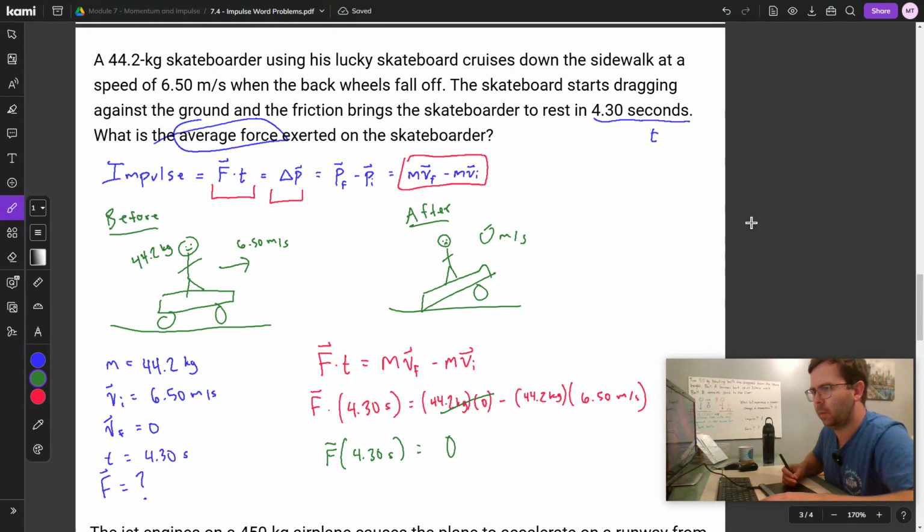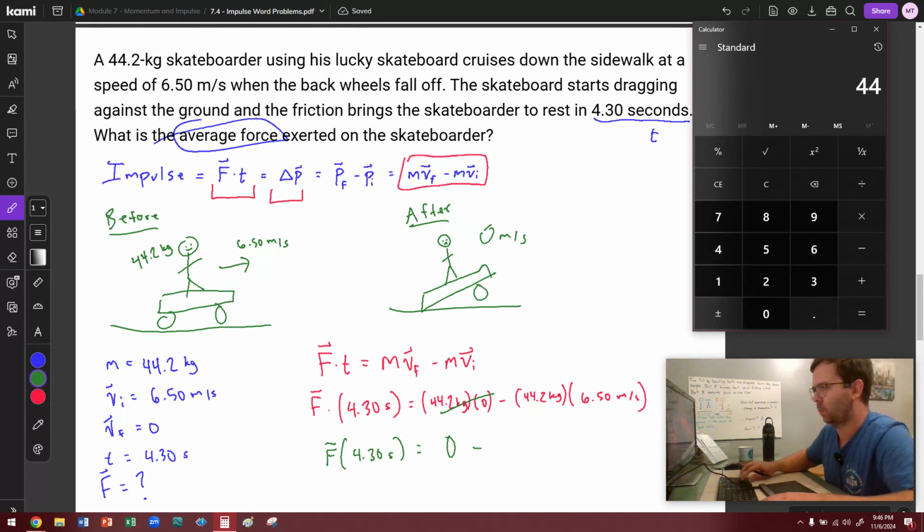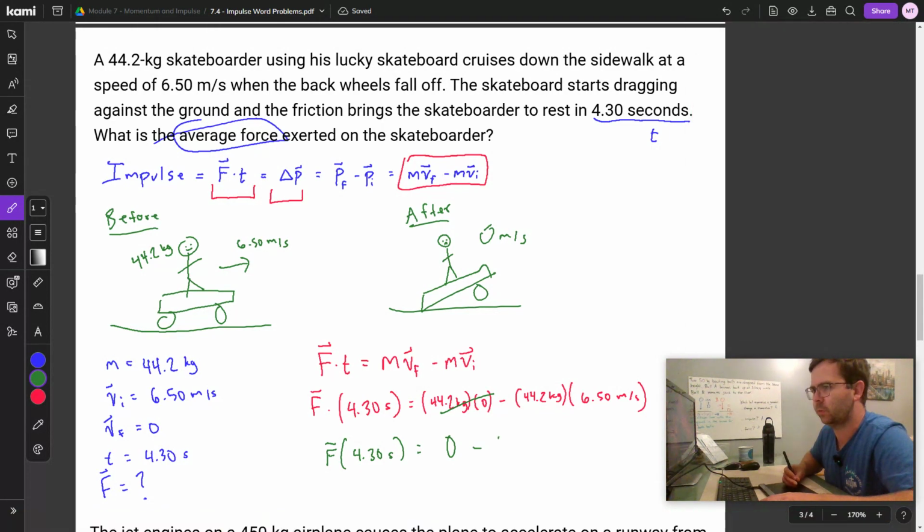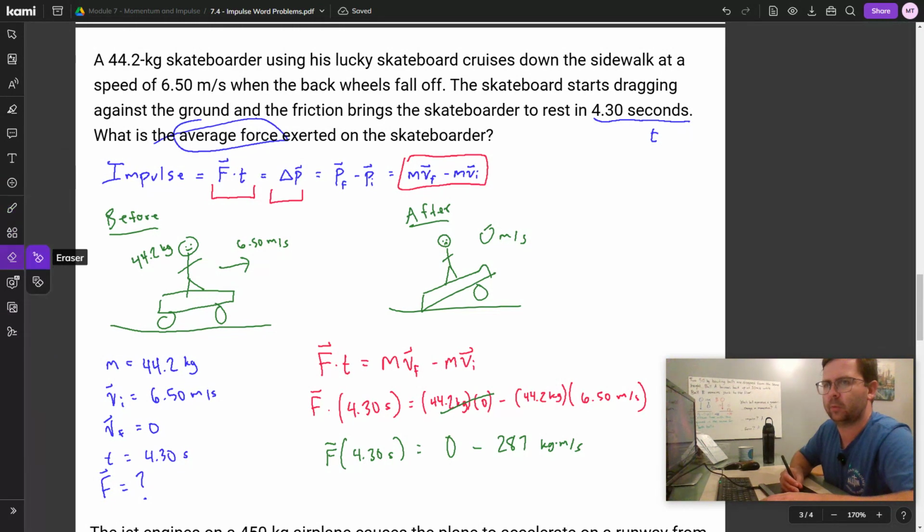So we'll have 0 minus 44.2 times 6.50, which is 287.3. It looks like all of our measurements have 3 significant figures, so we're going to round that to 3 as well: 287 kilograms times meters per second. It's 0 minus 287, so that leaves us with negative 287. I'm just going to get rid of the 0. So I have negative 287.